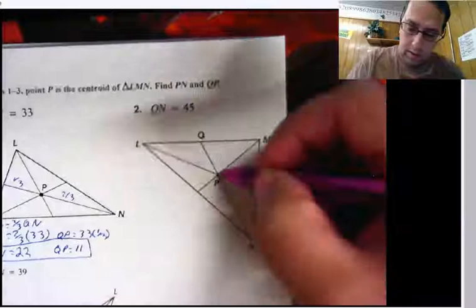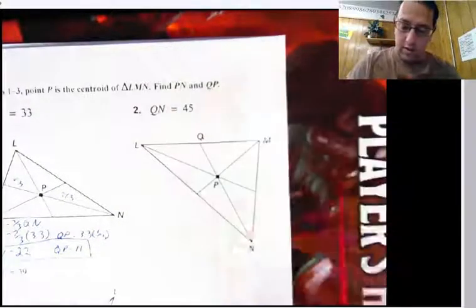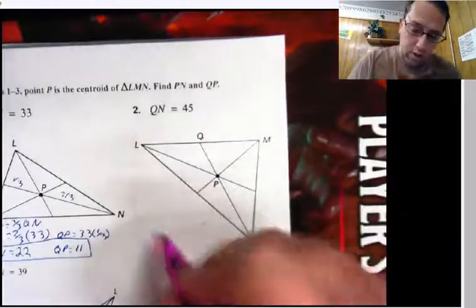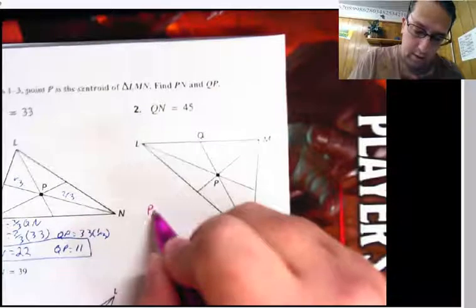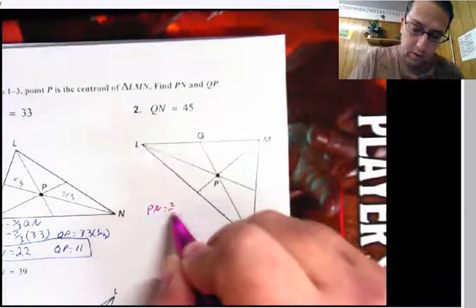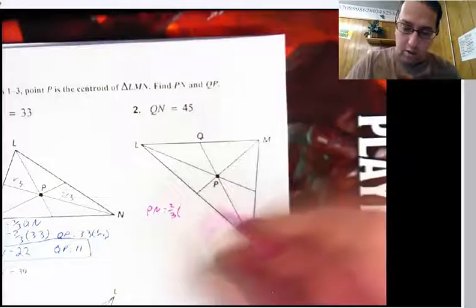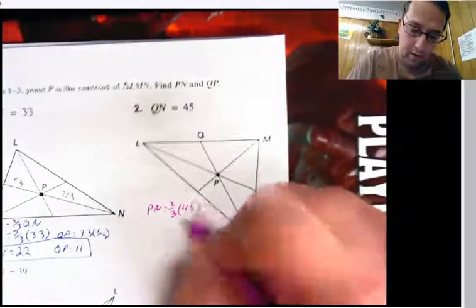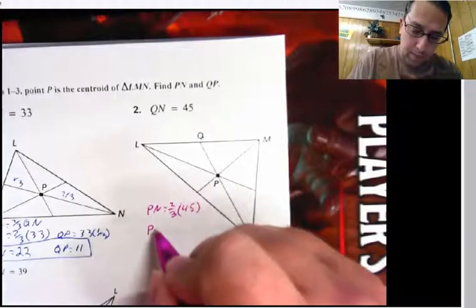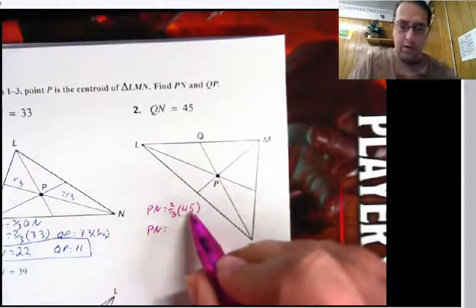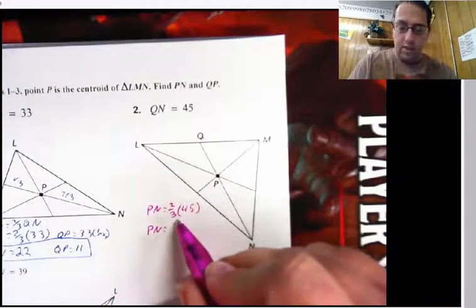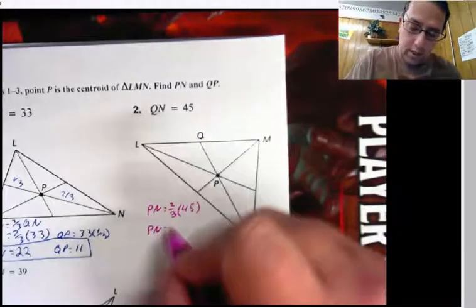So this is the vertex side. So that is 2/3. So PN is equal to 2/3 times QN, which is 45. So PN equals, let's see, 45 divided by 3 is 15 times 2 is 30.